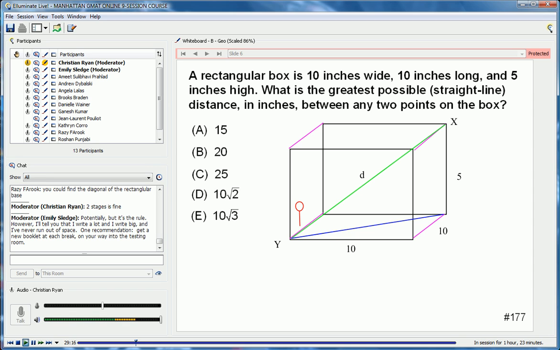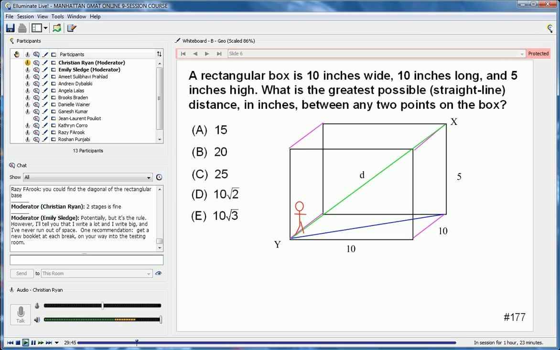And I'm imagining I got to get from the corner I'm standing in, with my blank face there, up to there. And if I know this deluxe Pythagorean theorem, I can say it's 10 squared plus 10 squared plus 5 squared equals d squared, true. Or what I can do is I can say I'm going to cross the floor and get to the other corner, and then I'm going to go up.